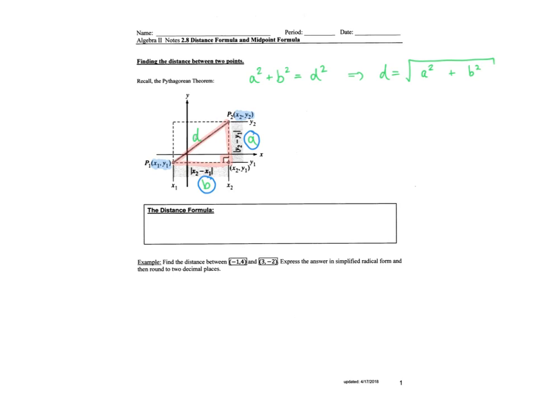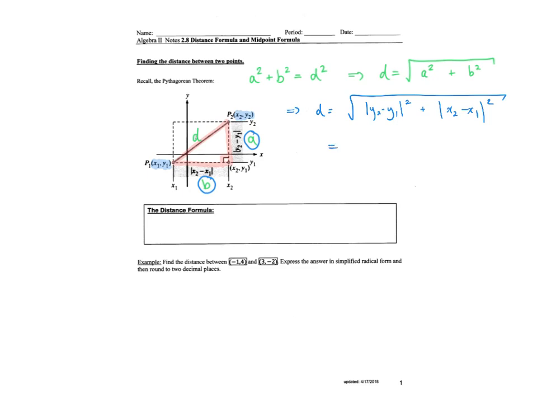So if we substitute this into our formula, we get that d is the positive square root of a squared, so that's y2 minus y1 absolute value squared, plus b squared, so that's x2 minus x1 in absolute value squared.